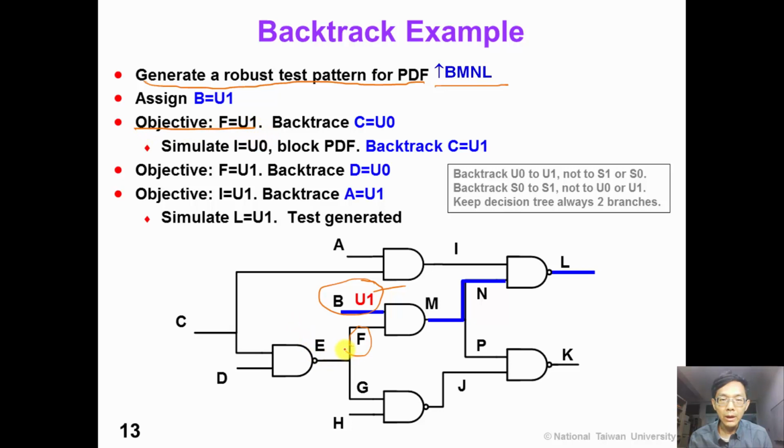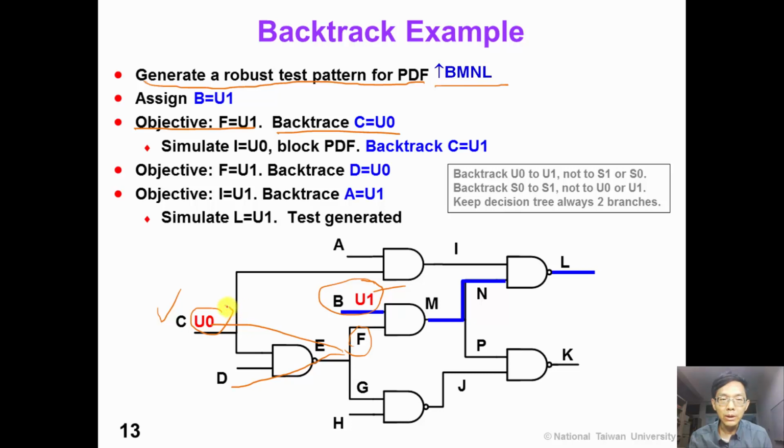Now we have two choices to make. We can either backtrace to C or D. Let's say we choose C first, and we backtrace the same type of value as our objective. So we would assign C to be U0.